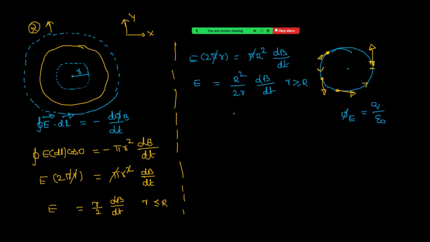So like this we can use Faraday's law to find the strength of the induced electric field. And if you want to plot a graph for the strength of the induced electric field as a function of distance from the axis of that cylindrical region, then see how the graph is.